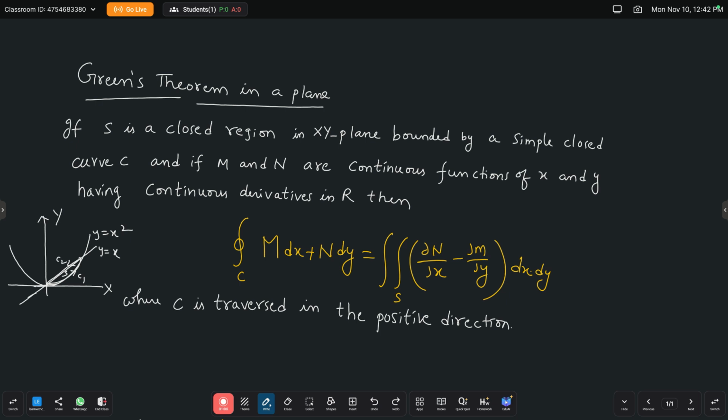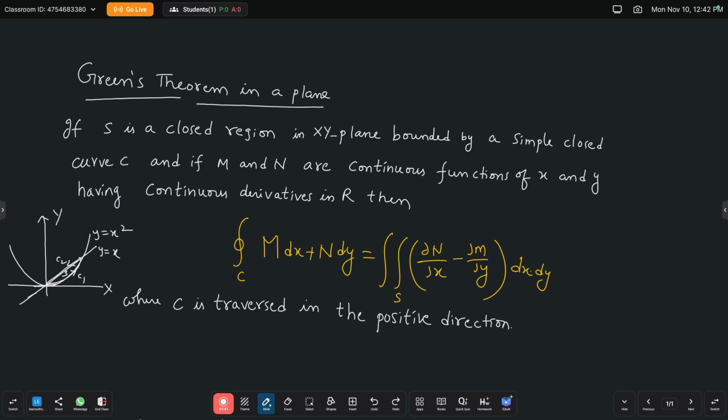Here S is a closed region in the xy plane bounded by a simple closed curve C, and here m and n are continuous functions of x and y and also having continuous derivatives in R. Then Green's theorem gives the transformation from line integration of m dx plus n dy is equal to surface integration of dou n by dou x minus dou m by dou y with respect to dx dy.